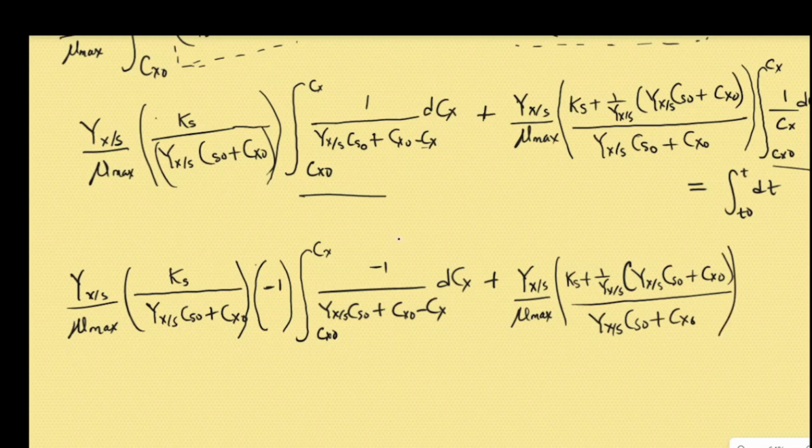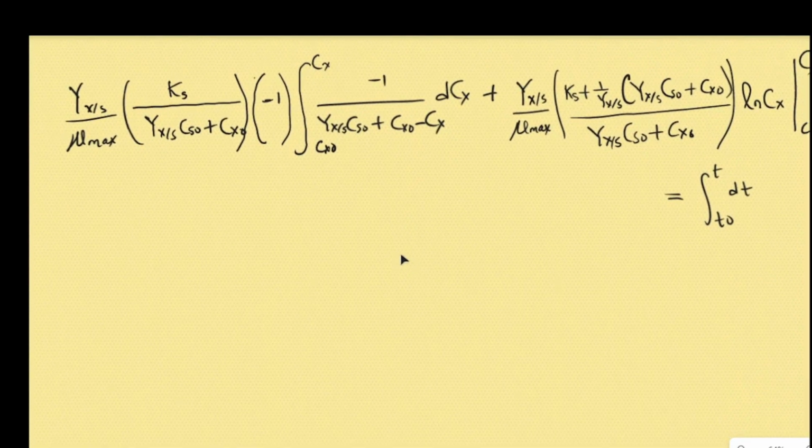When we integrate this particular one, we're going to get ln Cx, and we're going to take it from Cx naught to Cx. That's our definite integral. And remember, everything is equal to the integral from t naught to t dt.